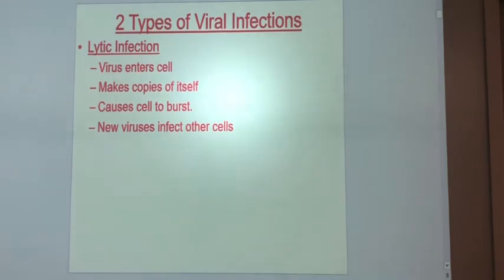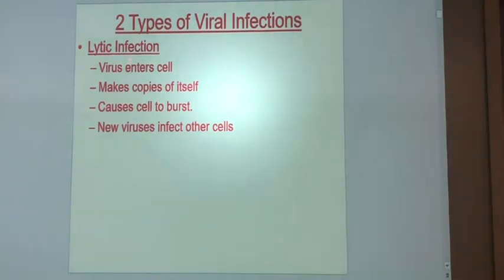The virus is going to enter the cell. The virus will commandeer the cell, take over the cell, use the cellular machinery to start making copies of itself. Within a fairly short period of time, that cell is going to burst. It's going to lyse. That's why this is called lytic.